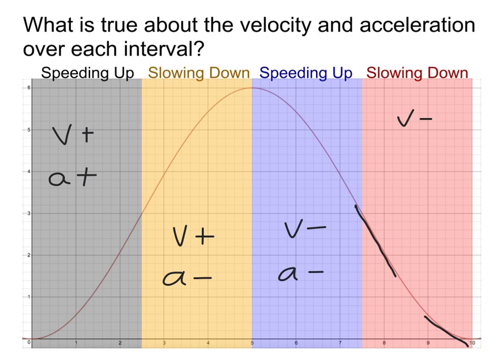Let's say we have negative 1 and then negative like a half. It got bigger, and so that's a positive acceleration. And so, now seeing that, there is a connection that we can see. Can you tell from that information what makes it speeding up and what makes it slowing down?